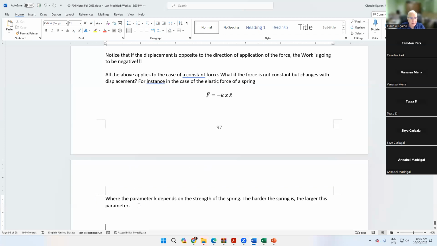The relation above is called Hooke's law. I'm going to put the law between quotes here. Hooke's force law.